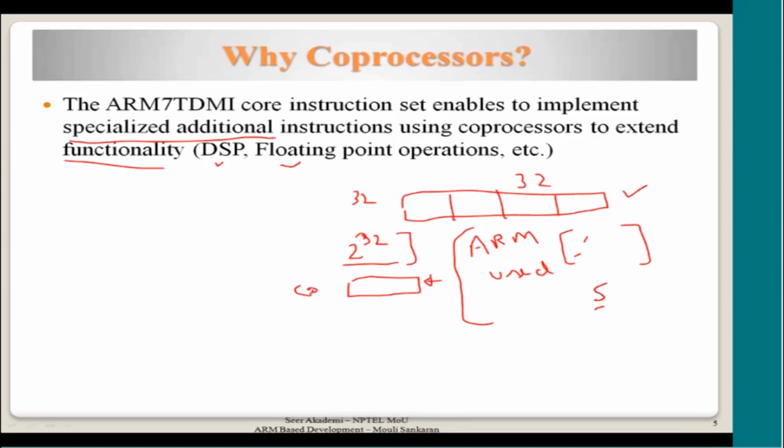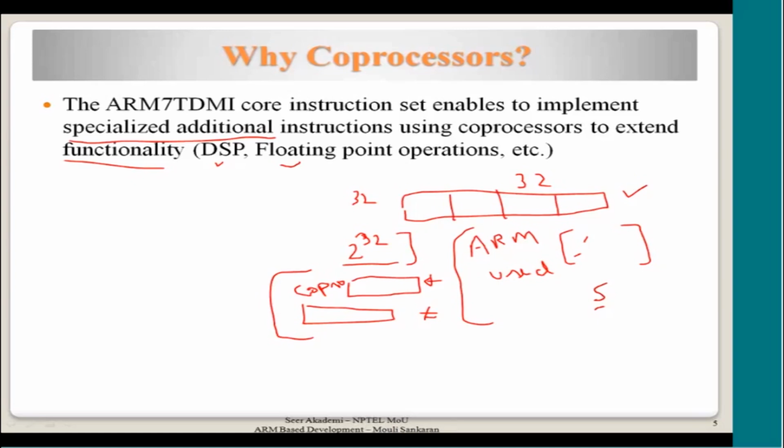So the bit combinations of coprocessor instructions will be different from what is currently supported by ARM. The coprocessor instructions will be different combinations of bit patterns. This is what we are going to be using for supporting different functionalities.